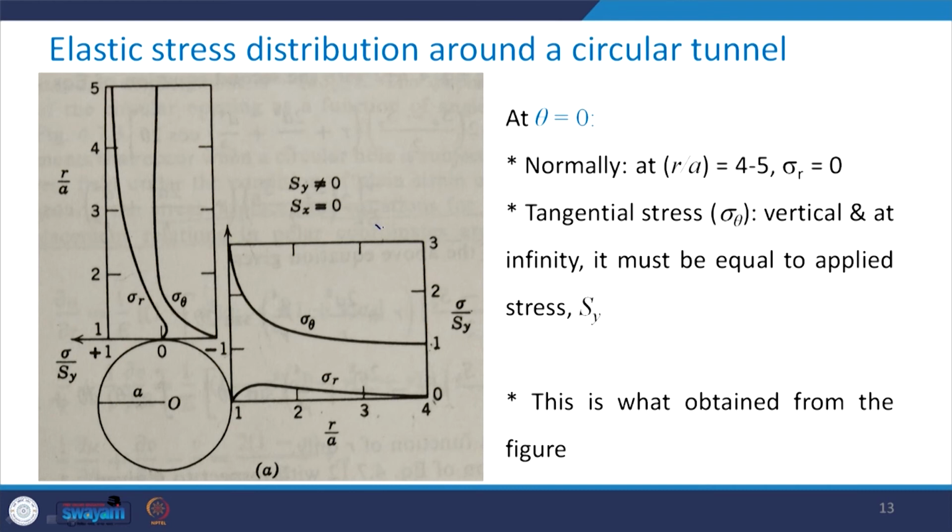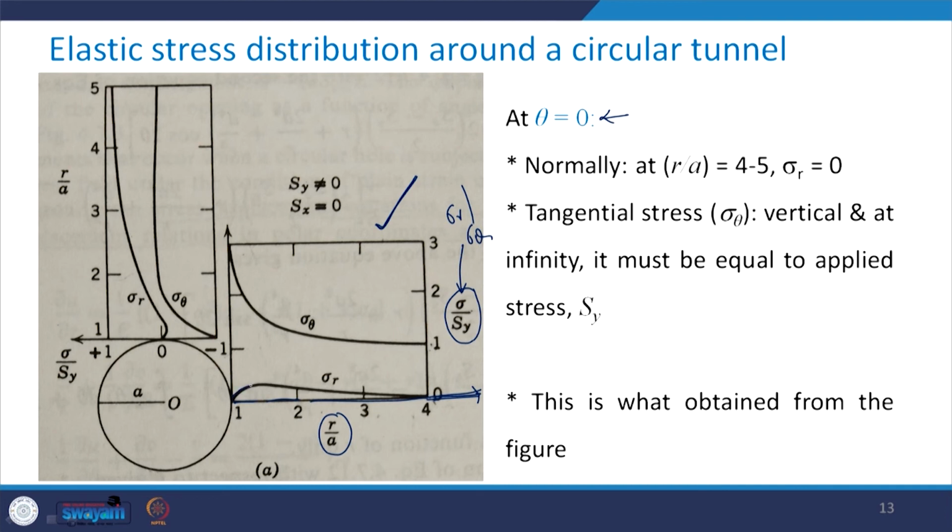First, you focus on this particular part of the figure, that is at theta equal to 0. So, theta equal to 0 means that here it is this axis, here theta equal to 0. So, I have on this axis r by a quantity, and on the vertical axis we are plotting sigma upon Sy. Now, this sigma can be sigma r or it can be sigma theta.